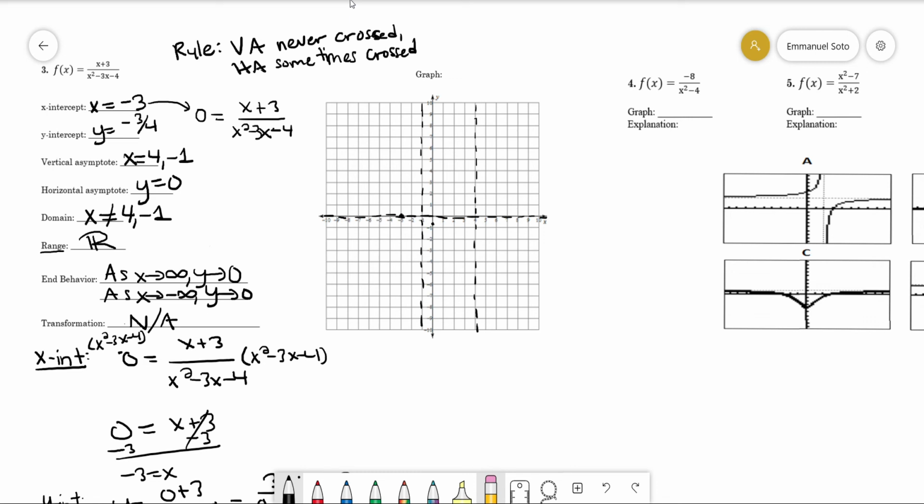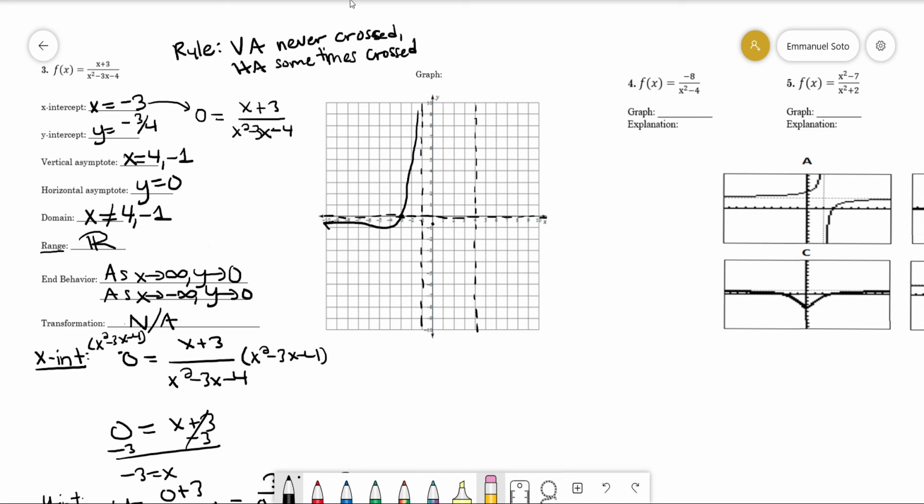Alright, so now let's go ahead and do the graph. Since it does cross the x-axis here, and it does cross the horizontal asymptote, we're going to need more points for this function, because we need to know if it behaves like this, where it approaches from that side, or if it behaves more like that, where it crosses but then approaches it from the other side.